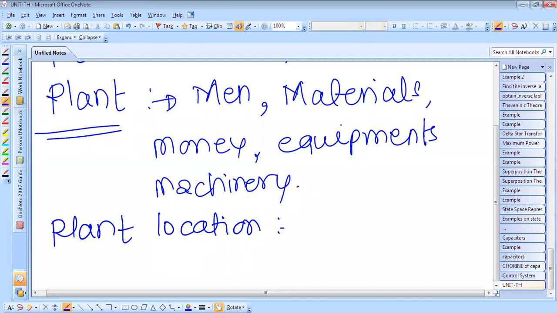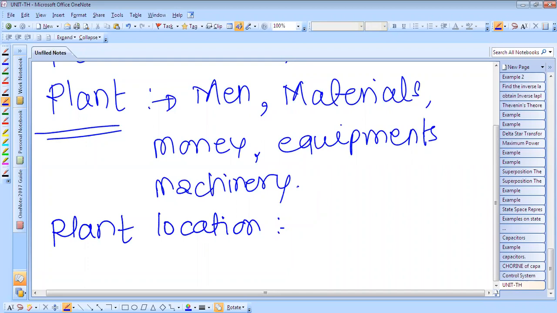The question arises during the commissioning of the new plant or the expansion of the existing plant. So plant location means deciding a suitable location, area, as well as a place where the plant or factory will start functioning.